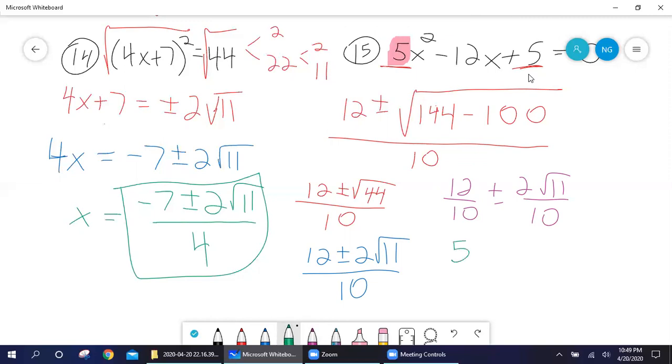So this would become, excuse me, not 5/6, sorry. Change that. That'll be 6/5 plus or minus root 11 over 5. Again, I'm reducing the 12 and the 10. I'm reducing the 2 and the 10.